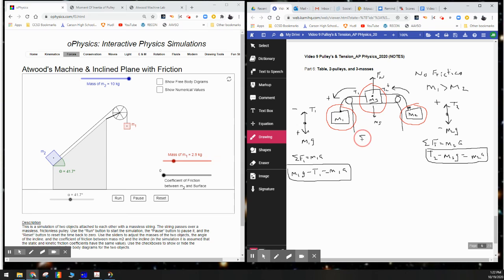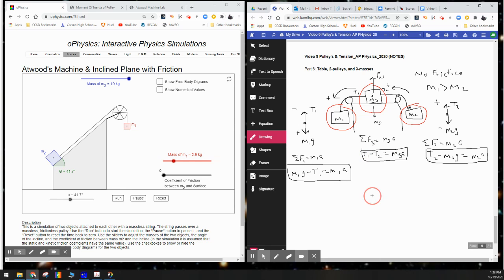So we're going to go here, sum of the forces on system 3 is now equal to M3A. Okay, so we have here T1 minus T2 equals M3A. All right, so we'll put a box around this.